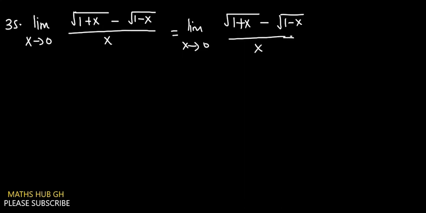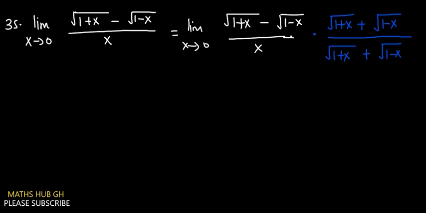Then this will be multiplied by the square root of 1 plus x plus the square root of 1 minus x, all this divided by the square root of 1 plus x plus the square root of 1 minus x.